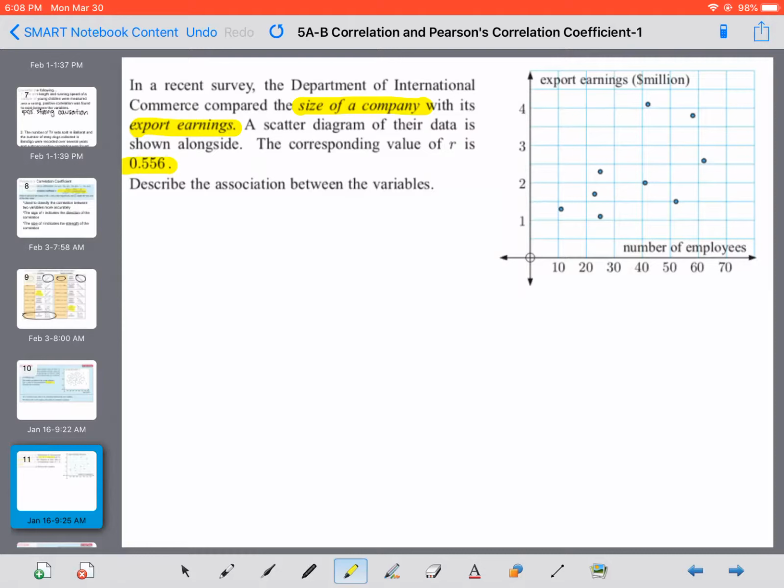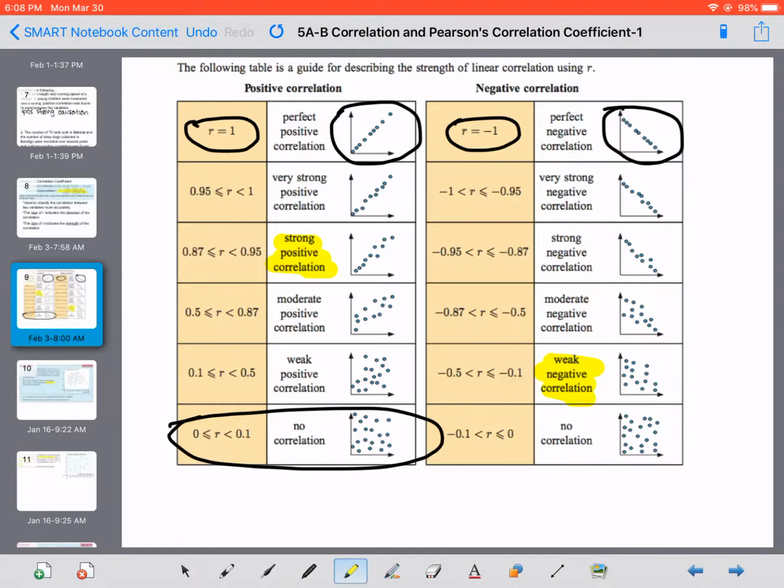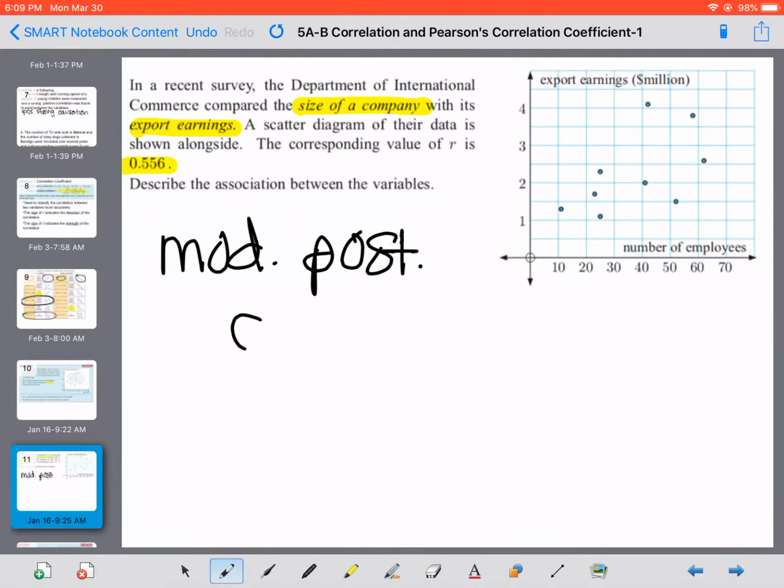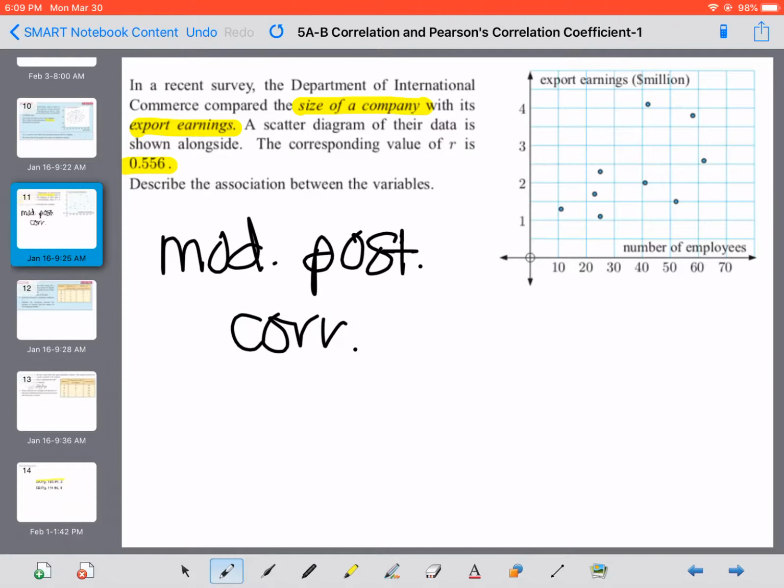So 0.556, if we were to look at this chart, falls in that category, which means we would call it a moderate positive correlation. So if this was a test question, you would just write moderate positive correlation. And that's all it's asking for.